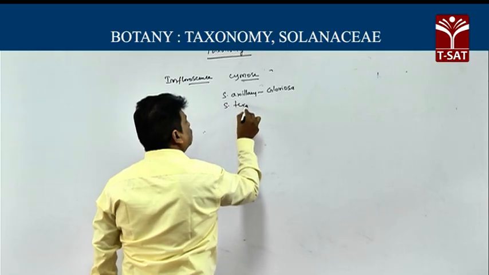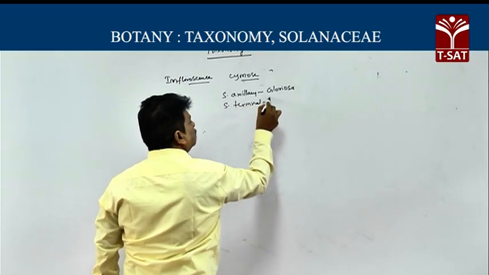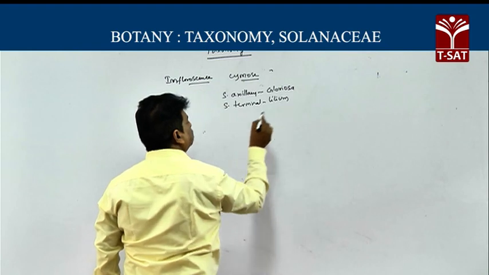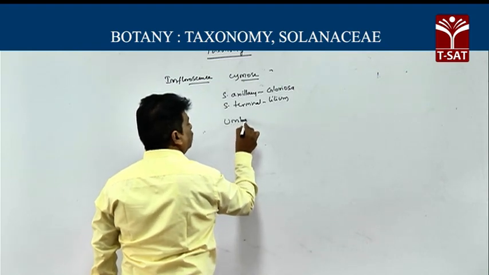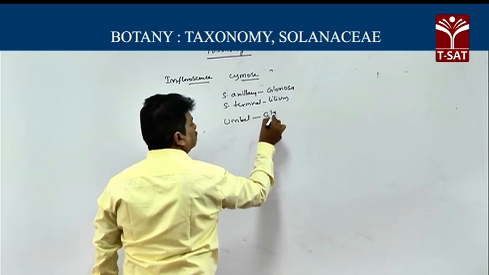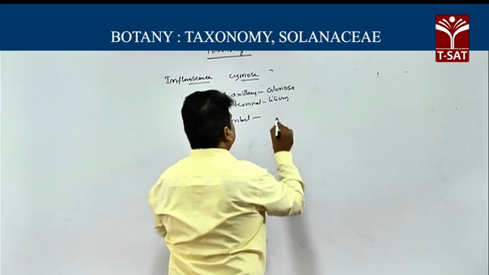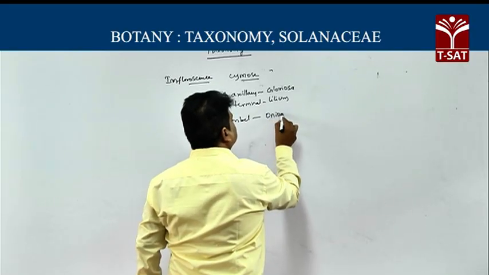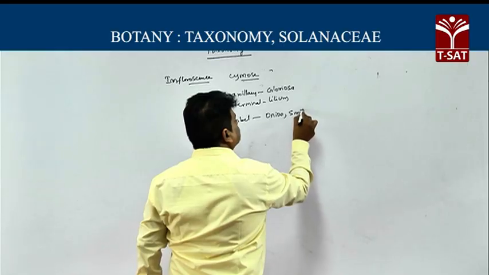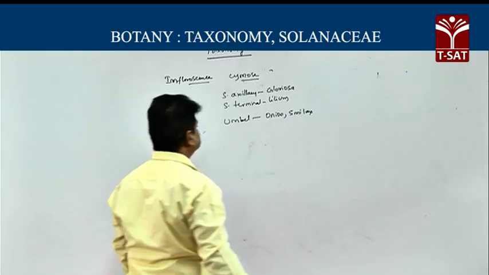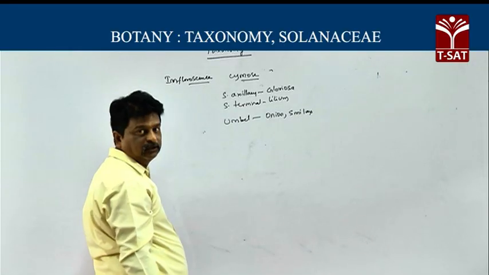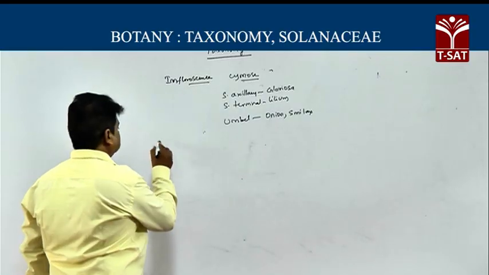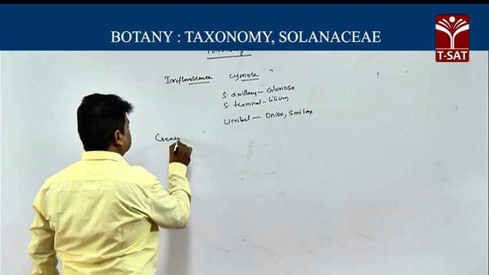Solitary terminal, Lilium. Umbel, onion, Allium and Smilax. These are about inflorescence.